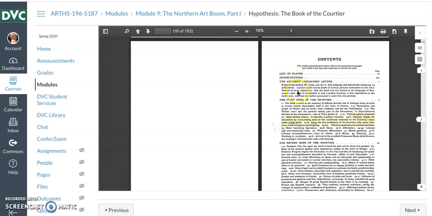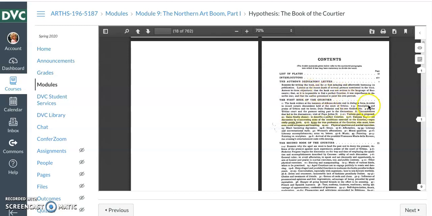This table of contents is not just a clean list of the titles of the chapters. It actually breaks down each chapter, here called each book. They're using the word book the way we would use the word chapter. They break it down into each part having its own subtitle and numbered. So this is like an outline of the entire book.